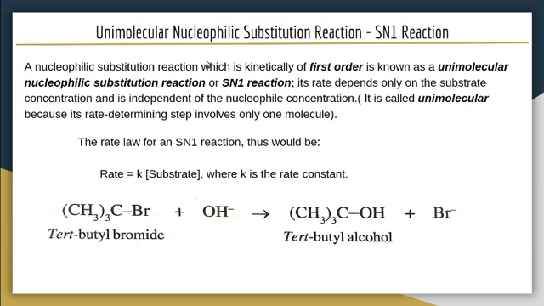So what is a unimolecular nucleophilic substitution reaction or SN1 reaction? Here S stands for substitution, N stands for nucleophilic, and 1 stands for unimolecular. A nucleophilic substitution reaction which is kinetically of first order is known as a unimolecular nucleophilic substitution reaction or SN1 reaction.